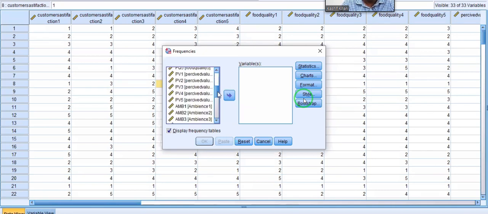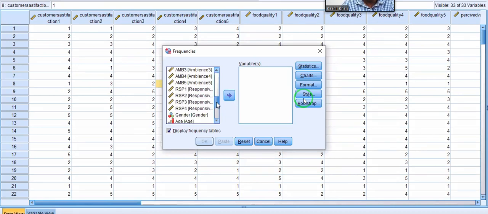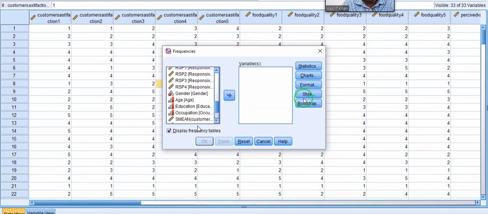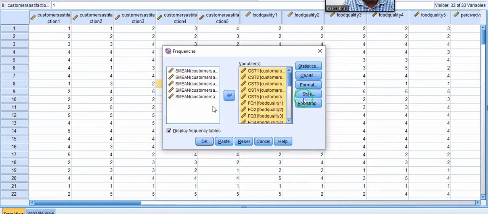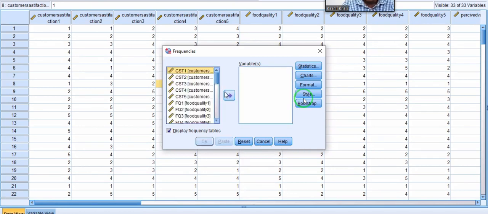Let's select all of our data: press Shift, click again, and now I'm able to select all. I can drop them here, or I can simply select them.